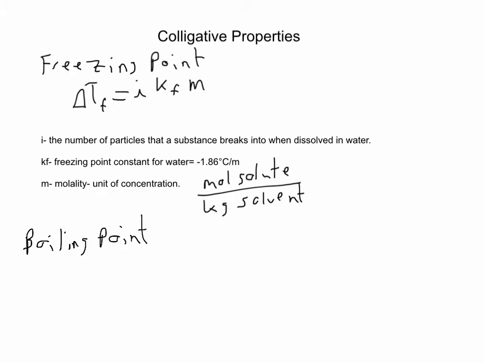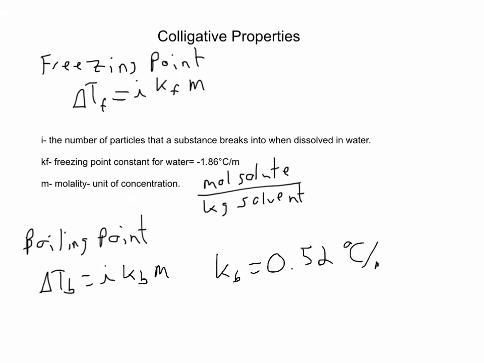For boiling point, the equation is very similar. This time, delta Tb, the change in boiling point, equals i, the van 't Hoff factor, times Kb, the boiling point constant for water, times the molality of the solution. Kb always has the same value, and it's going to be 0.52 degrees Celsius per mole.